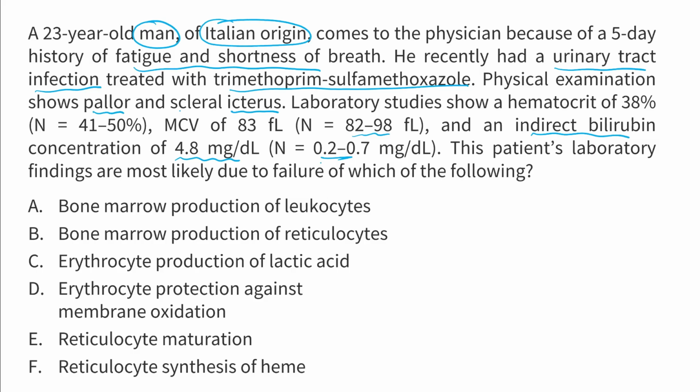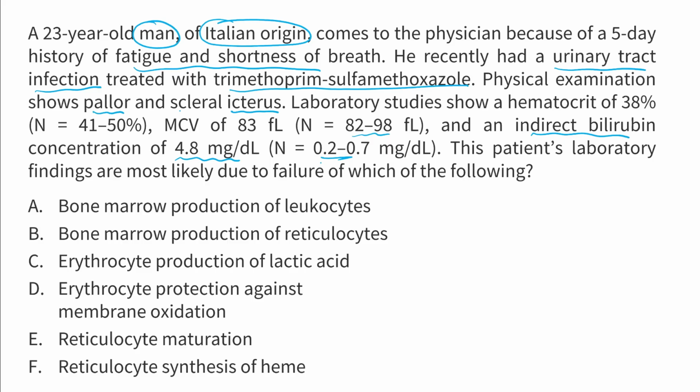Okay. But what is asked is not the enzyme which is deficient. See, the enzyme name is not given. The question is, what's going on here? What is the effect of G6PD deficiency? That means low NADPH, low GSH, low antioxidant, meaning red blood cell membrane peroxidation. The red blood cell is not protected.